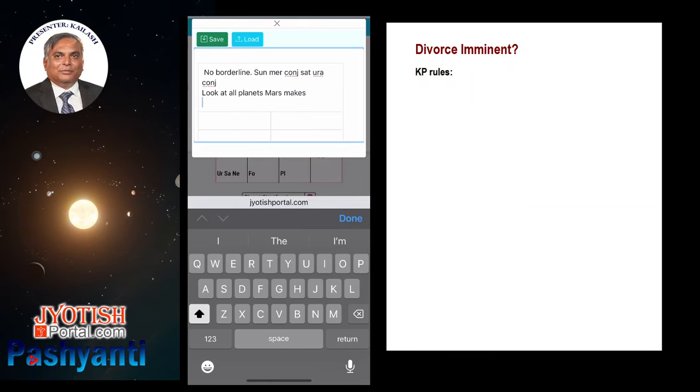So when 8 and 12 also come into the picture, then there is some legal decision that is taken. And of course, the role of Jupiter is important over here.